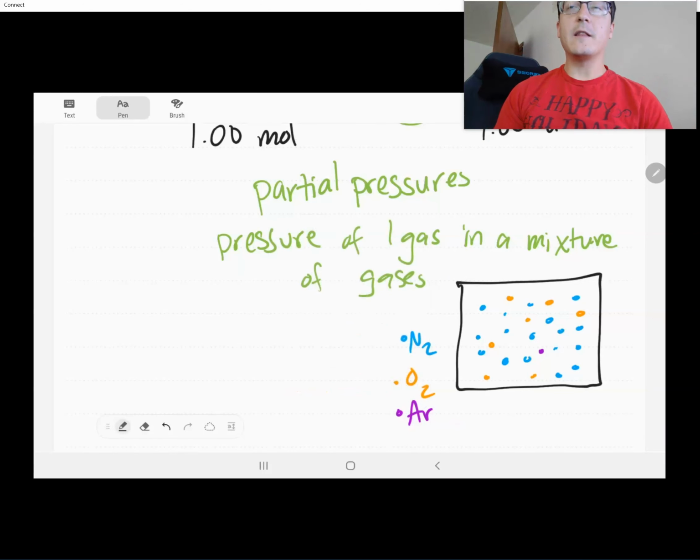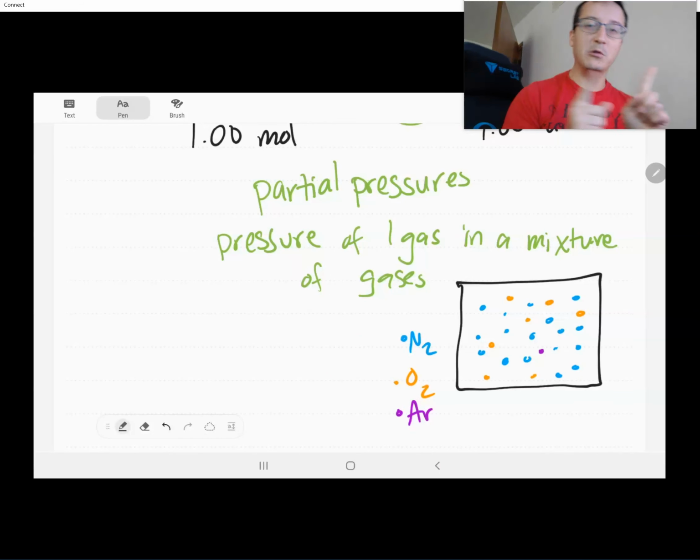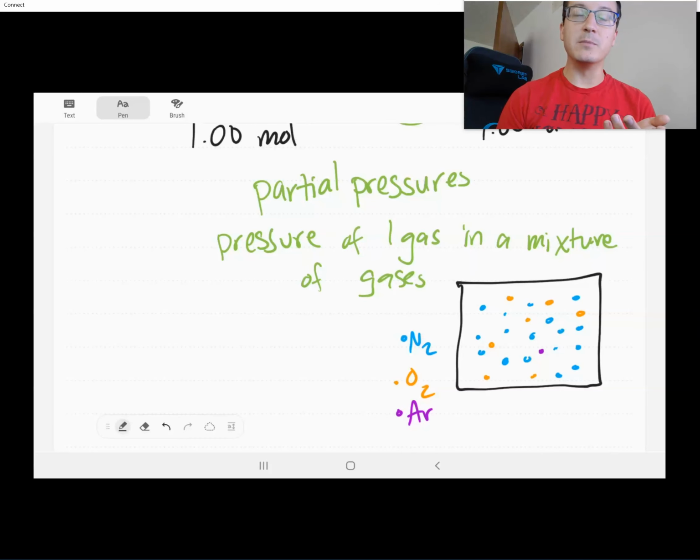So you remember that as the gas molecules are moving around, they bump into the walls, right? In this case, we could have a blue one bump into the wall. We could have an orange one bump into the wall, or that purple one can bump into the wall. So it just depends on which one it's going to be.